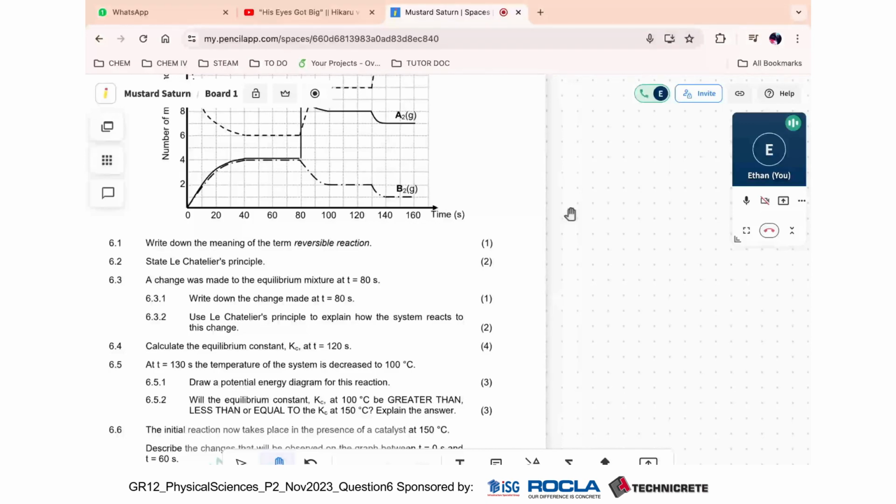Basically, you just need to capture the essence of the information. In this case, you have a closed system and it's in equilibrium, and something in that system changes. You will then form a new equilibrium. A new equilibrium is reinstated by favoring the reaction that will cancel or oppose the disturbance.